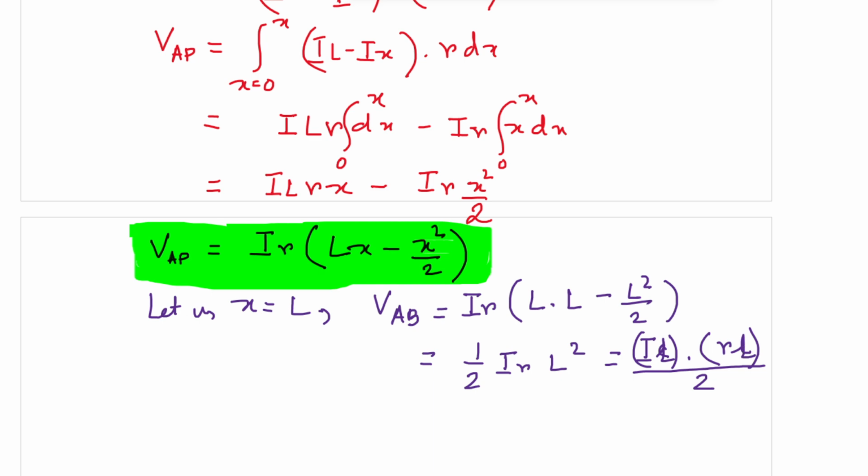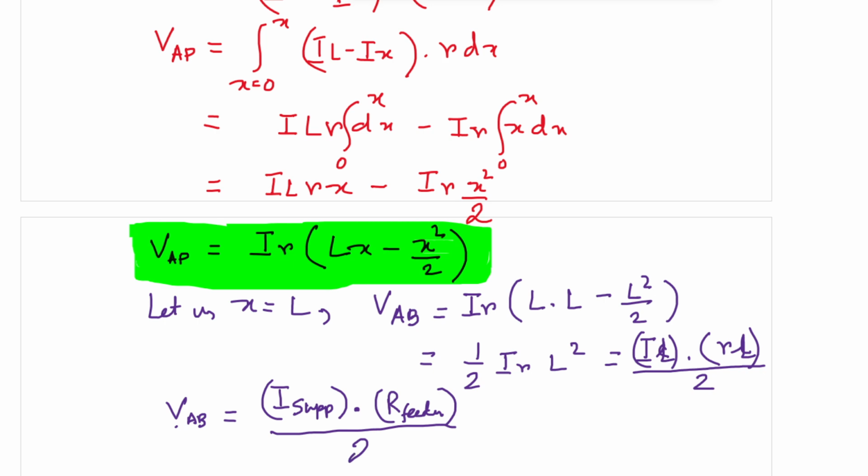So now what is I into L? VAB is given by I L, that is the supply current, let us say I S, supplied, multiplied by R into L, which is the resistance of the feeder, divided by 2.